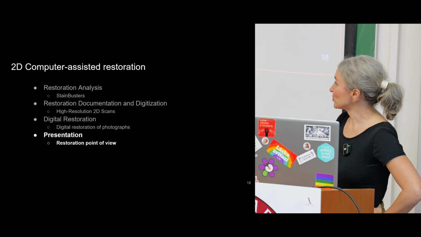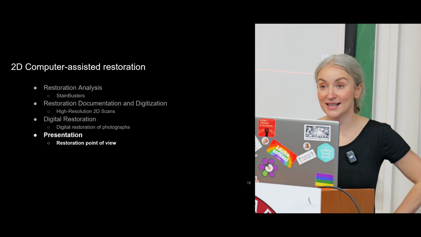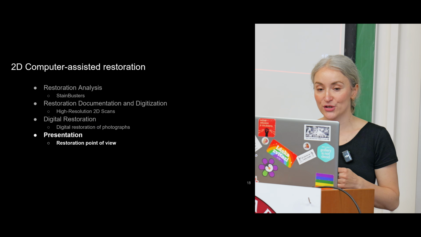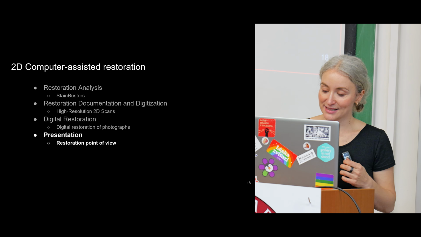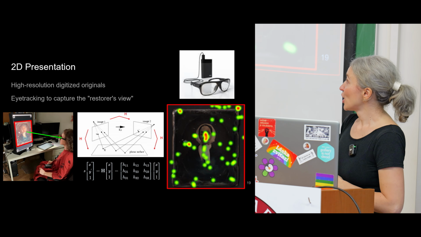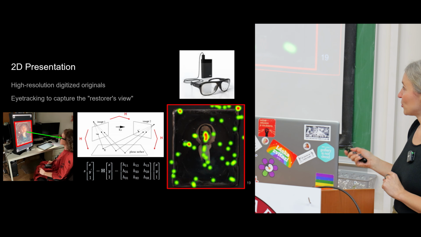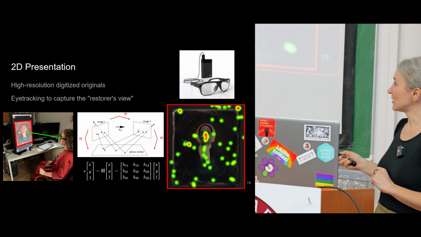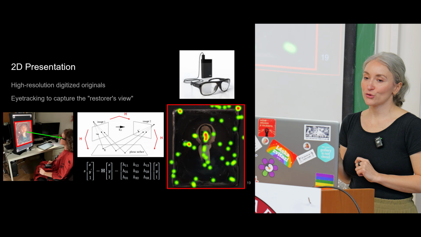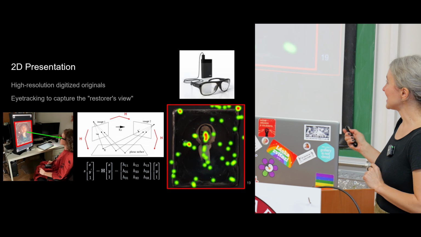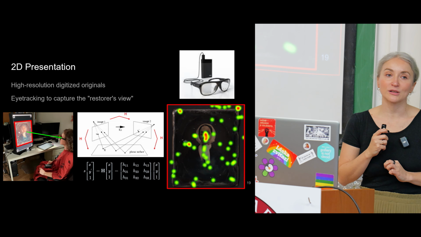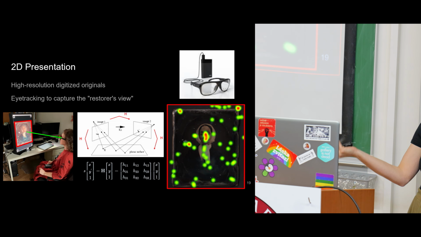Okay, let's get to the fourth task of computer-assisted restoration for 2D, and in this case, it's a presentation. So in our project, where we were teamed with the restorers of historical photographs, we decided to create something which we called restorer's point of view.